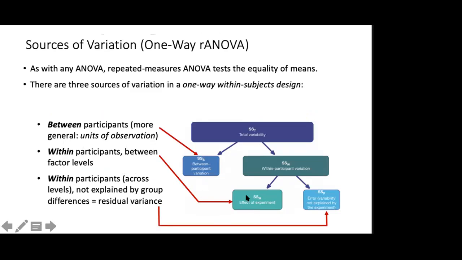So the rating for cake A versus cake B or C. And then we have our within variability across levels that is not explained by the mean differences between the factor levels, and that is some idiosyncratic variability, right? There's just some idiosyncratic pattern of change for a given participant across the levels.